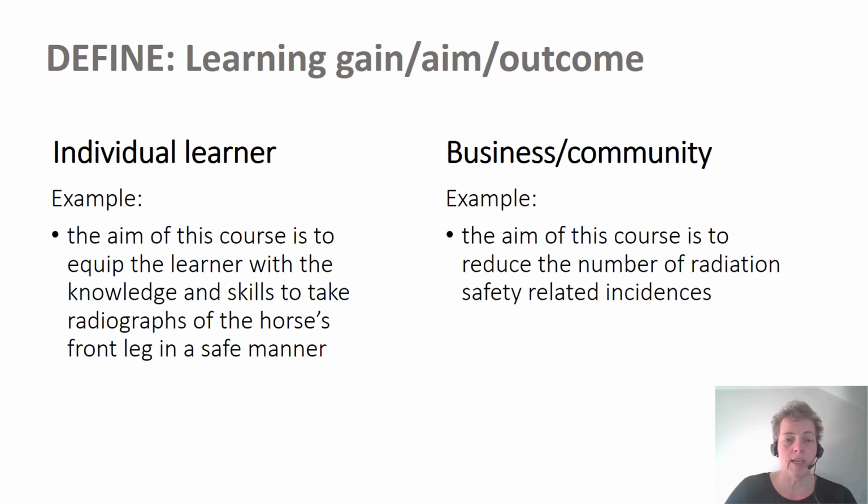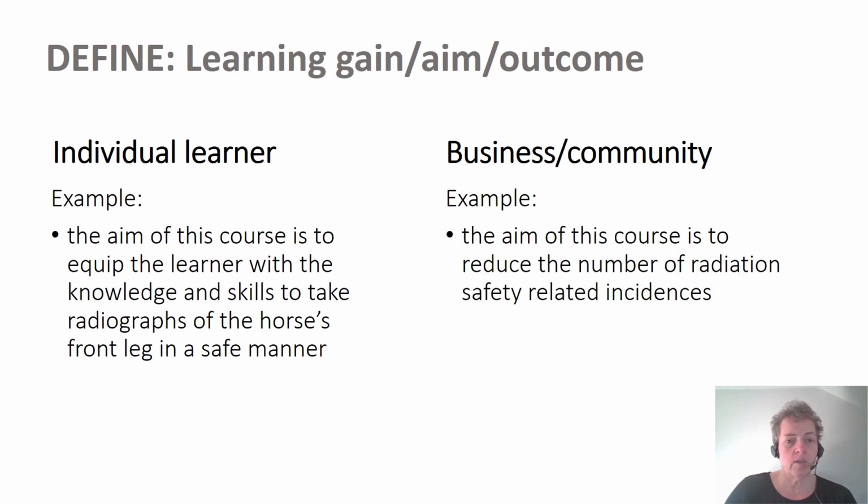Define right from the beginning, what exactly are you trying to achieve? So this is often called the learning gain, also sometimes the learning aim or the learning outcome. And ideally, you define this for the individual learner, but also for the business and the community. So I have two examples for each of them here.